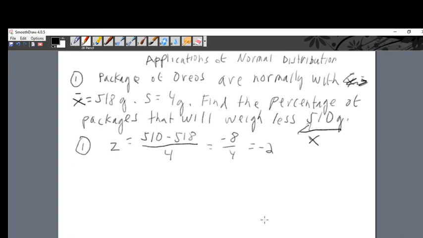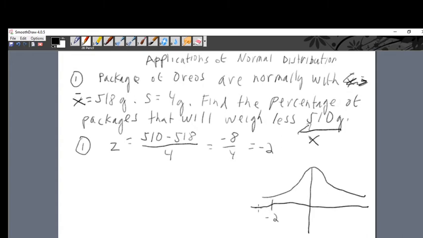Okay, so that means that 510, here's the curve basically, 510 is going to be below -2. Below -2 is where 510 is going to be, right?